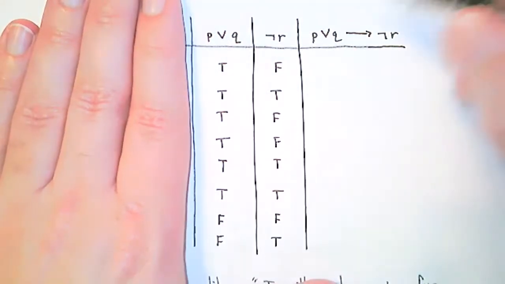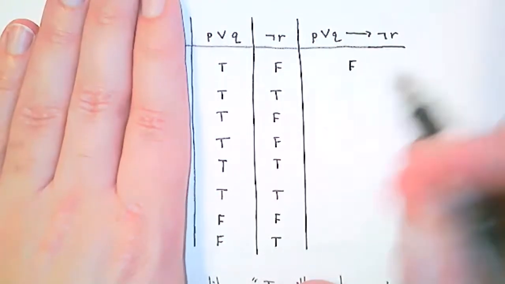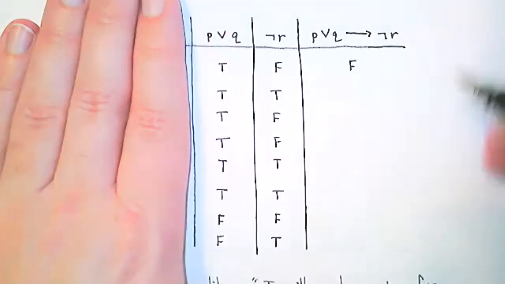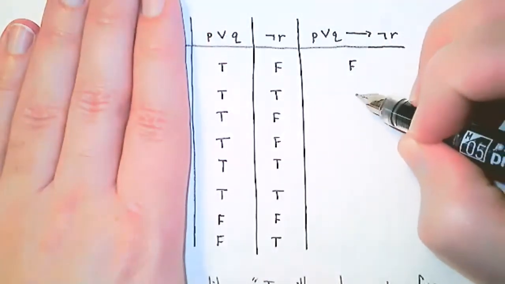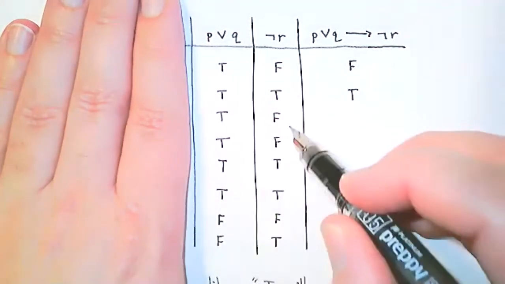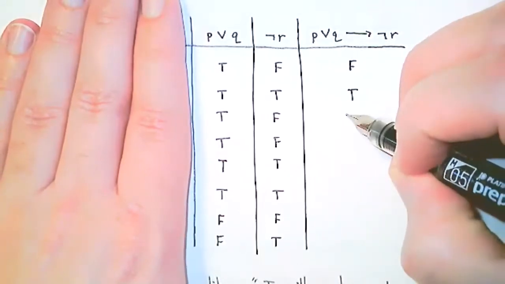Davian, you're right on the first row. What about the second row? True and true. It's true, good. Then we have a true and false again, and we have that twice, so we have two more falses.